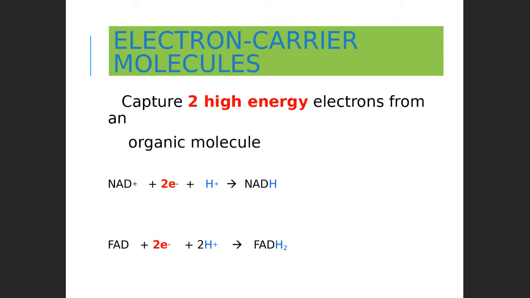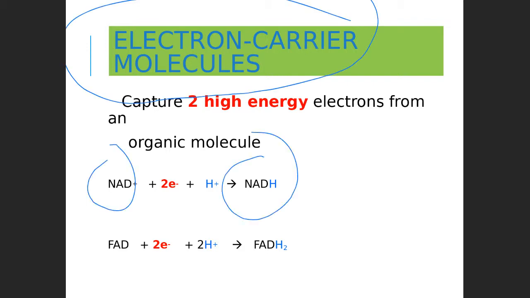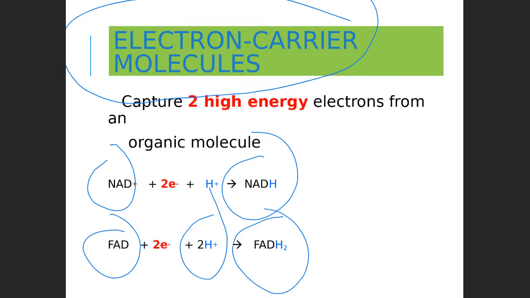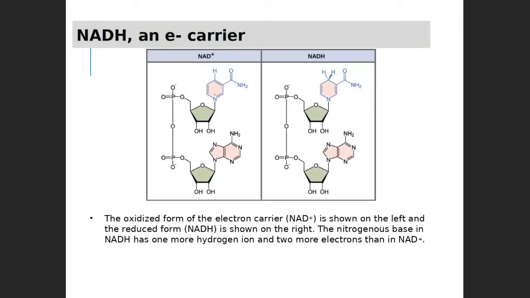There is no such thing as energy lost. So the electronic energy, those electrons coming from this big molecule of glucose, are going to be carried by electron carrier molecules. There are two: NAD plus that becomes NADH, and FAD that accepts 2H plus to become FADH2. I don't want you to retain the structure, but just to understand how it works.